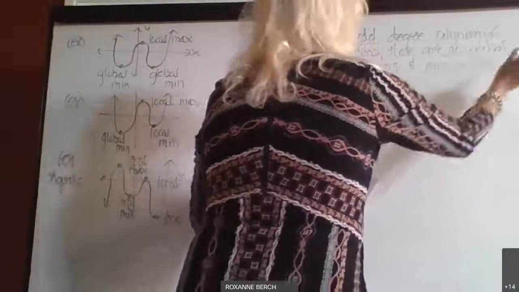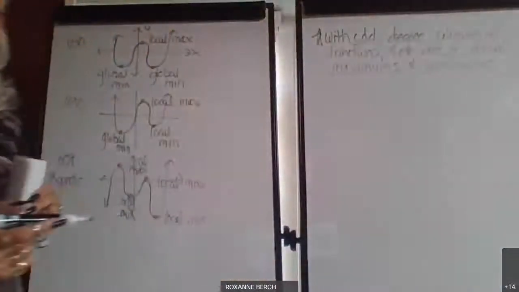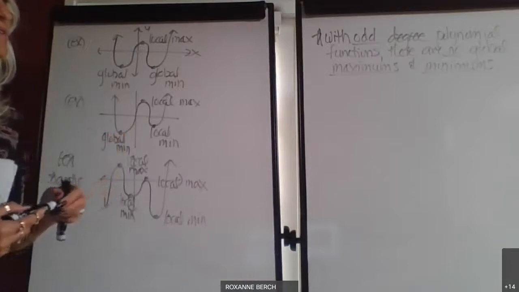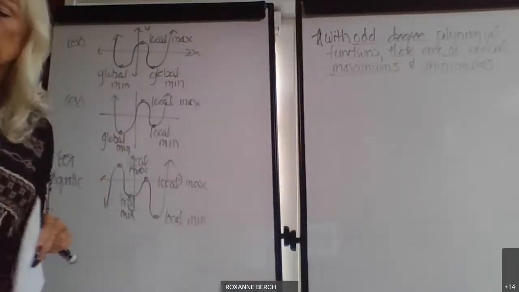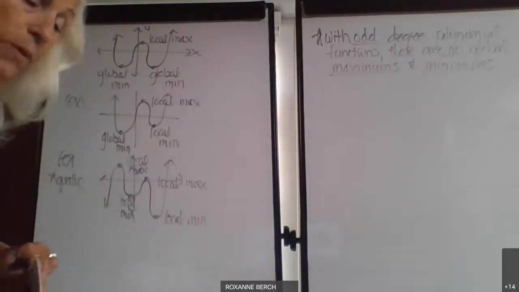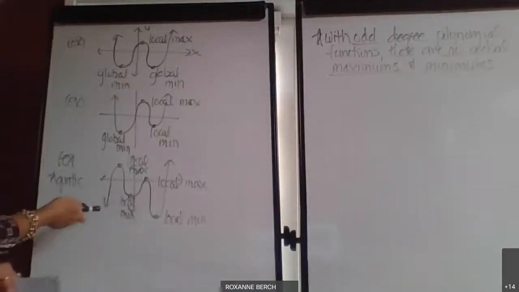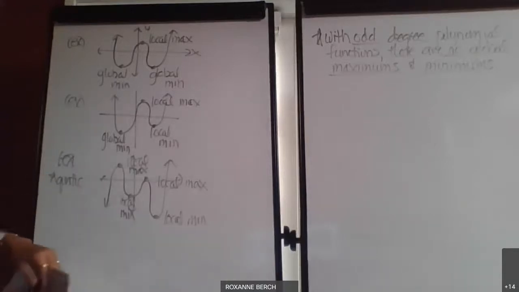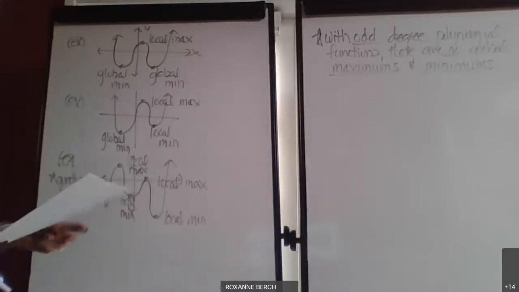So that's it. With odd degree, like x cubed, x to the 5th, x to the 7th, there are no globals. So there are no global maximums. And this right here, remember we said we thought it was a quintic because there's 4 turning points.